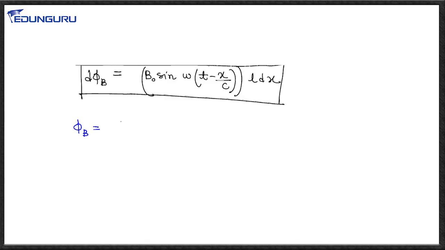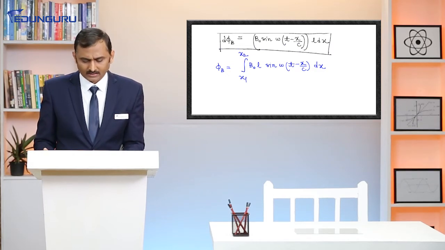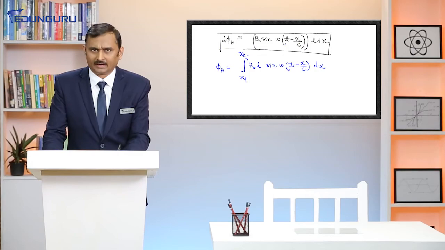So, net flux phi b is equal to the integral of B naught L sin(ω(t − x/c)) dx from x1 to x2. This is B naught L, the integral of sine is minus cos, and we are integrating it with respect to x, so minus 1 by ω/c.